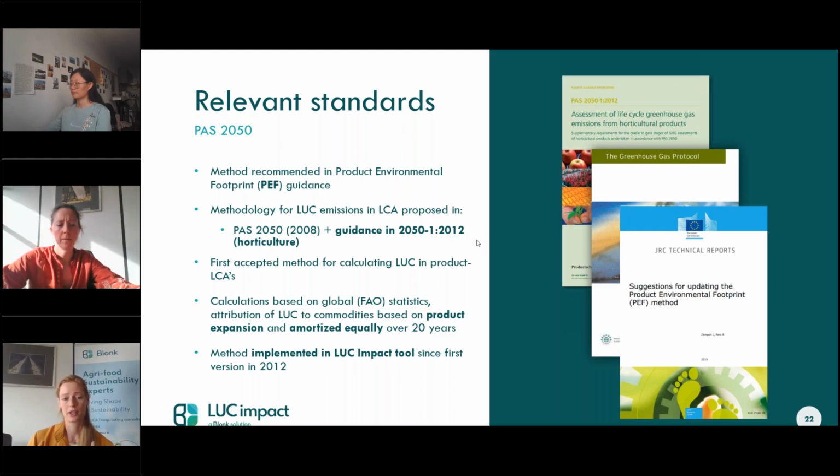But if this is not available, then this option is provided to perform a statistical land use change calculation. This calculation is based on global statistics from the FAO, and it basically attributes land use change to commodities based on their expansion rate. So how much the occupation of the crop expanded over the last 20 years. And it implements this equal amortization.